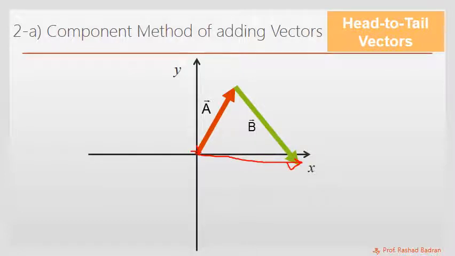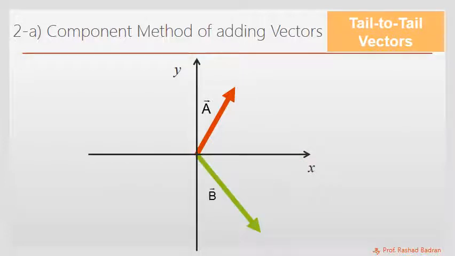So we expect the resultant R to be in the fourth quadrant. So how can we do this addition of vectors algebraically? Well, first step, this vector B can be moved to the origin like that to make the algebraic method of adding vectors easier.